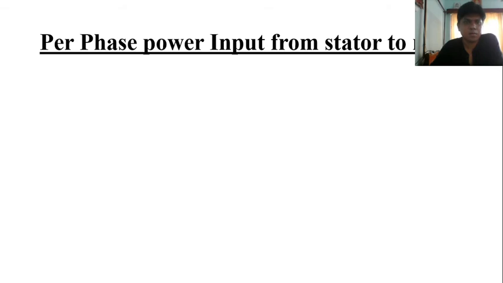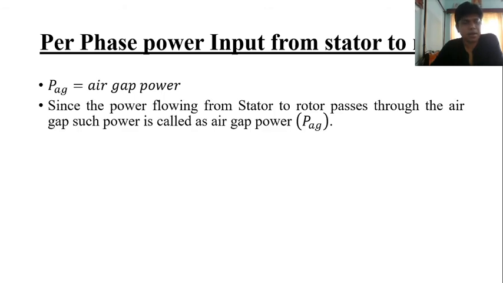Now let us talk about the per phase power input from stator to rotor. Here first of all we will try to understand what is called air gap power. Air gap power is represented by PAG here. Whatever the power is flowing from stator to rotor passes through the air gap. Such power is called air gap power.